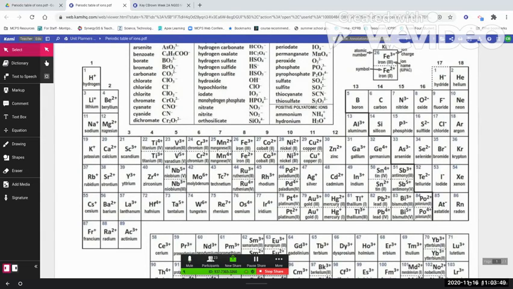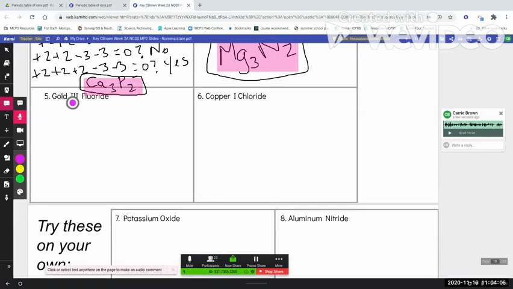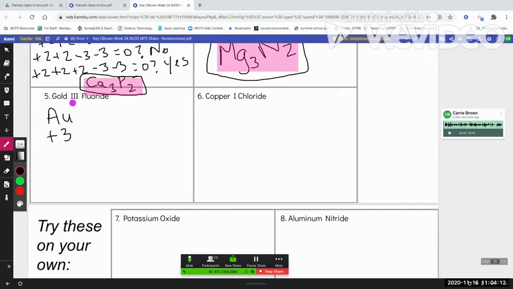But really anything outside of group 1 and 2 that's a metal could have multiple charges. So we like to use our Roman numerals. So if you found gold, it's atomic number 79. The symbol is AU. And because that Roman numeral is there, its charge is a +3.